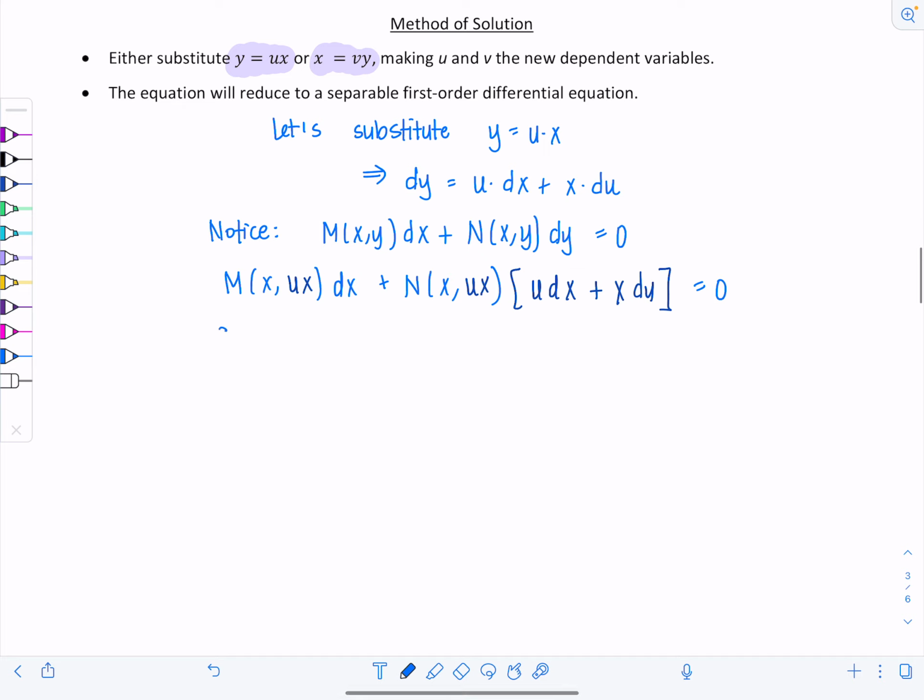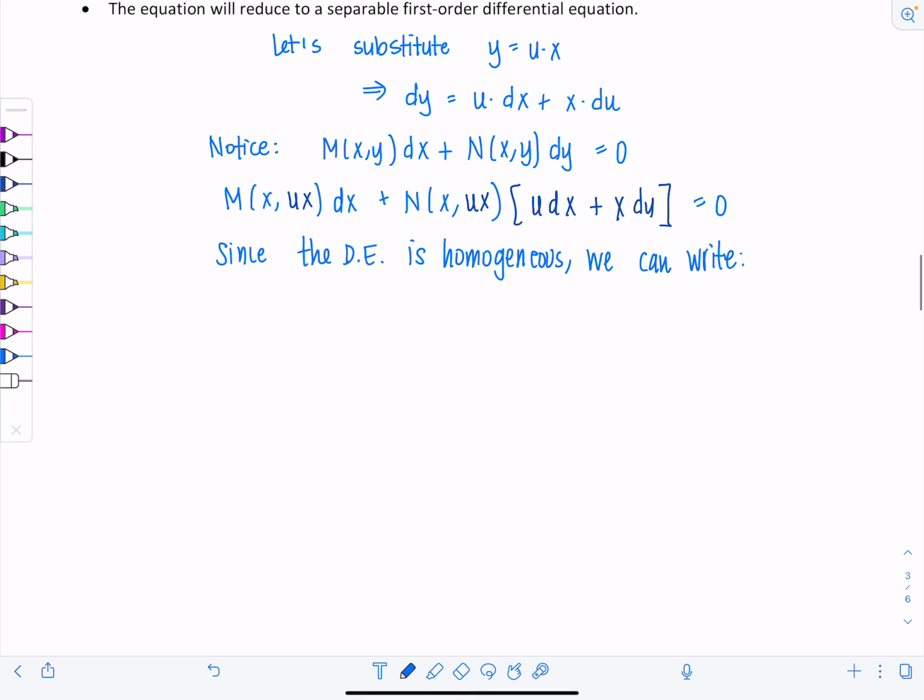Good. Now, since the differential equation is homogeneous, that means we can write the following. And you'll see that this step will be a little bit different depending on the function, but the general principle will remain the same. You can factor out x raised to some power depending on what the homogeneous equation looks like.